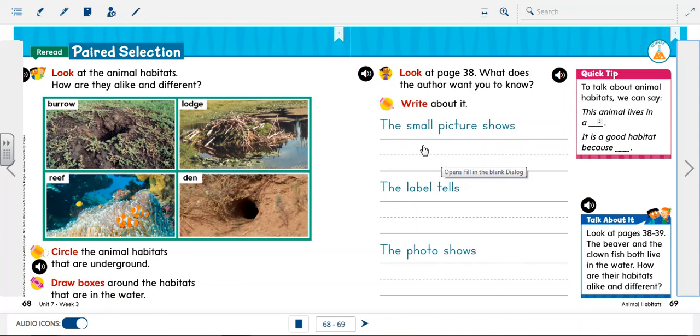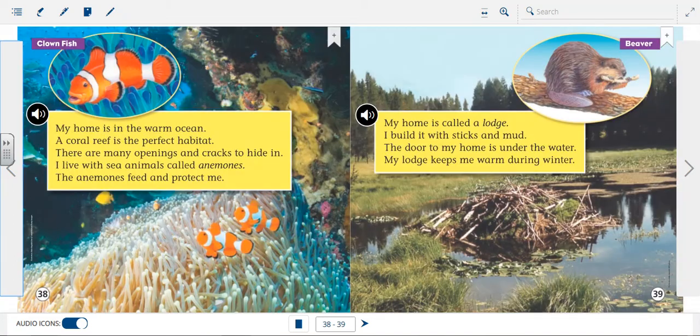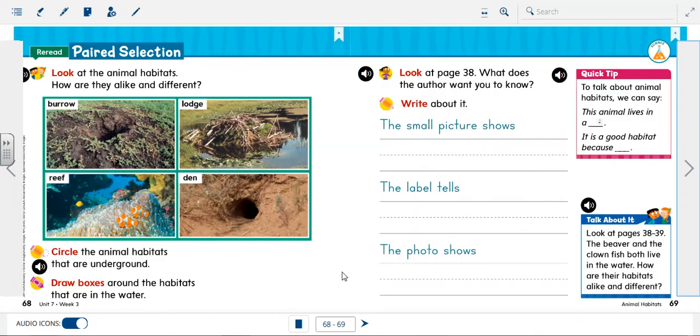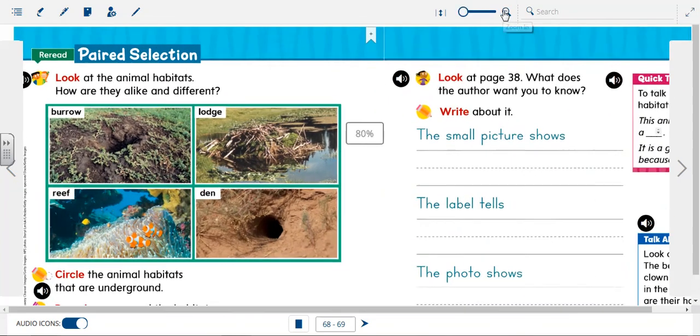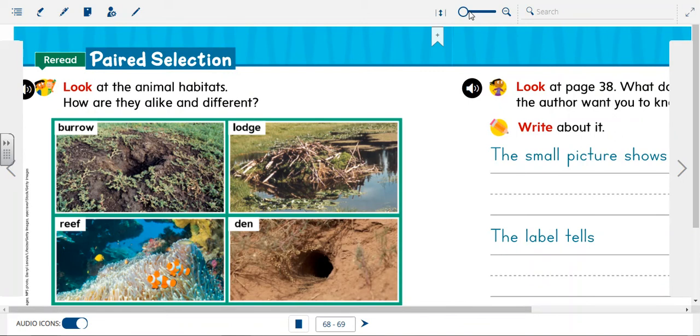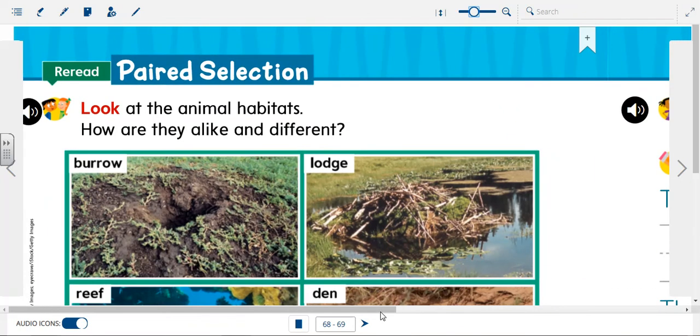So we've got a sentence right here that says, the small picture shows. So let's go back to that page. This is the small picture. And it actually has a label that tells us what it is showing. The small picture shows us a clownfish. So why don't we go back and I can actually fill it in with you too. Make it a little bit bigger.